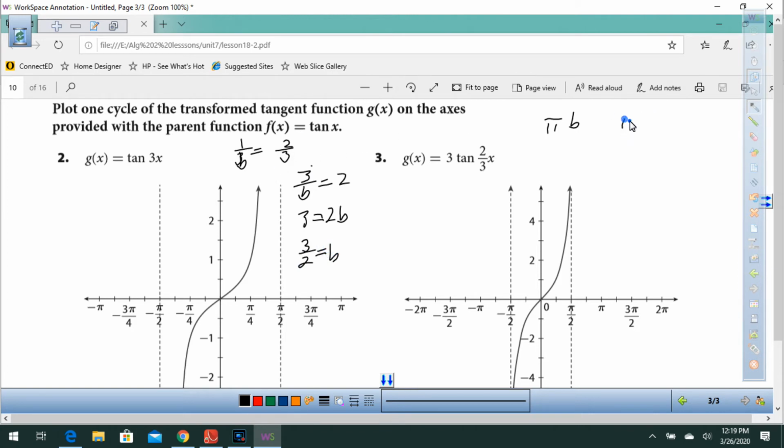So you're going to have pi times 3/2, or 3 pi over 2. That's going to be your period. So half of that times 1/2 would be 3 pi over 4.